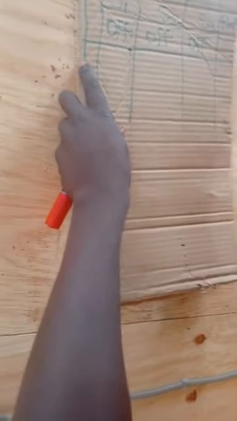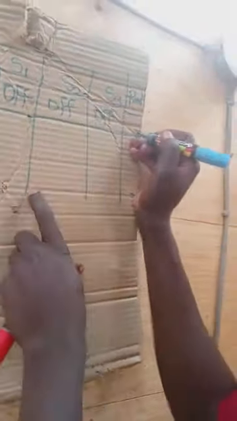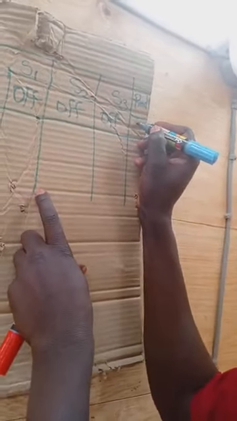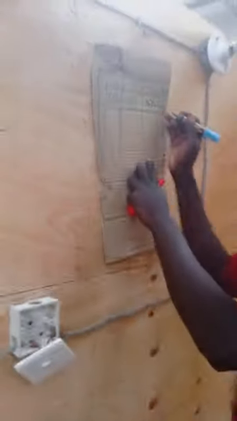So when all the switches are off, we shall have 0, and 0 means off. So 0 is for off and 1 is for on. We shall have that 0.